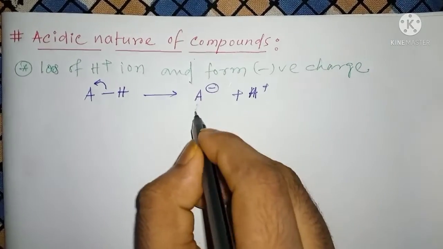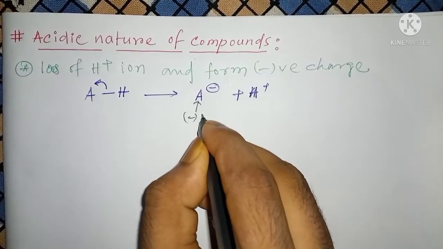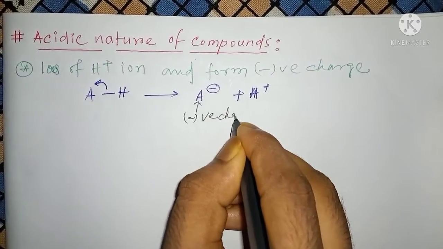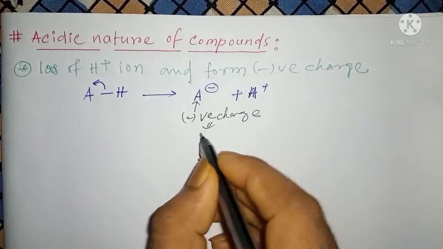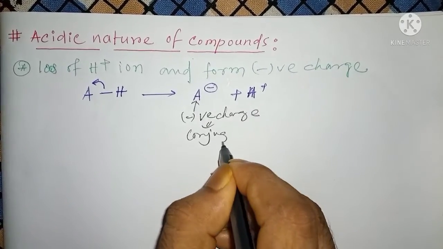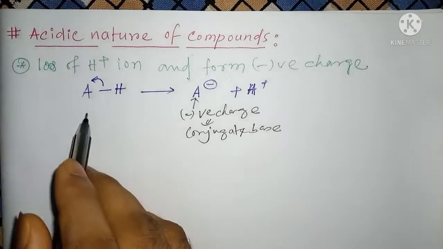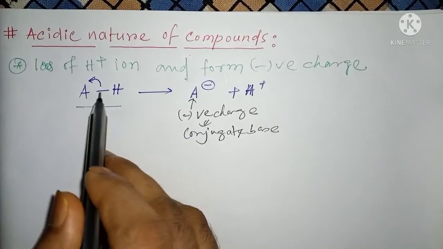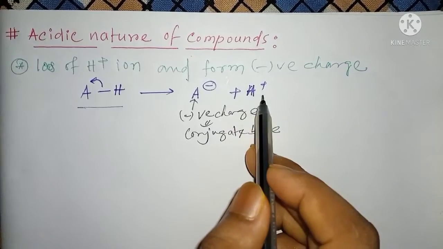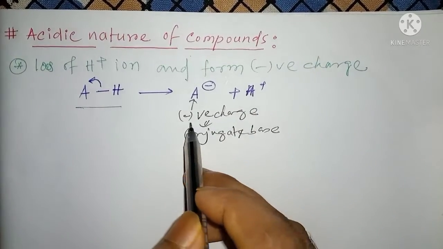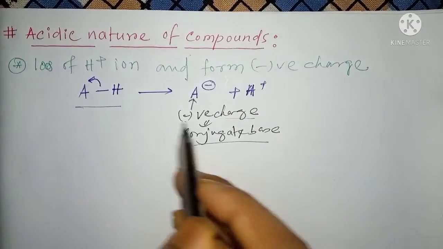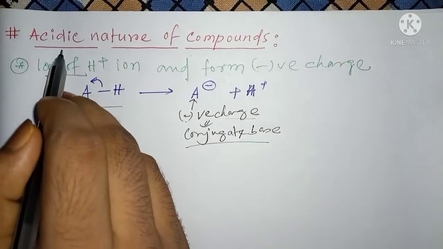Now this negative charge is called the conjugate base. Loss of H plus is called acid.